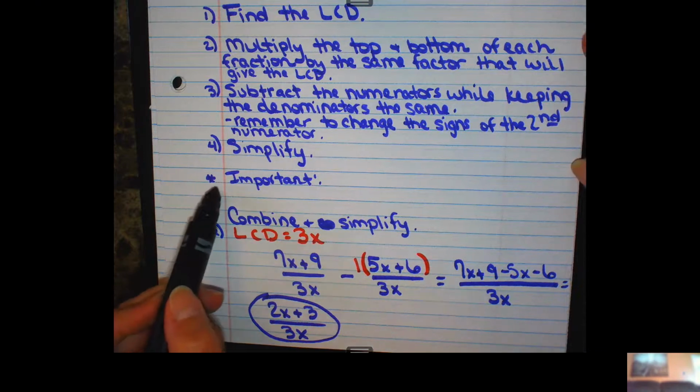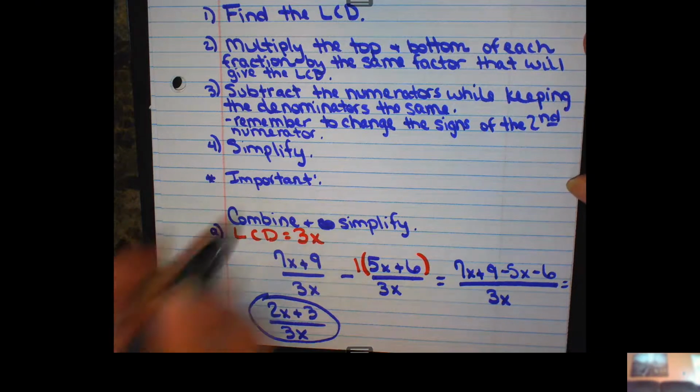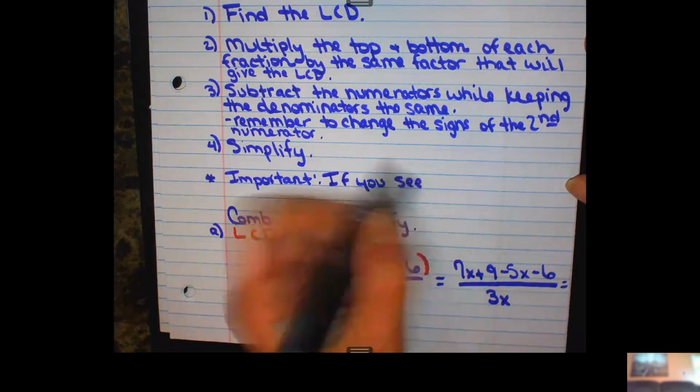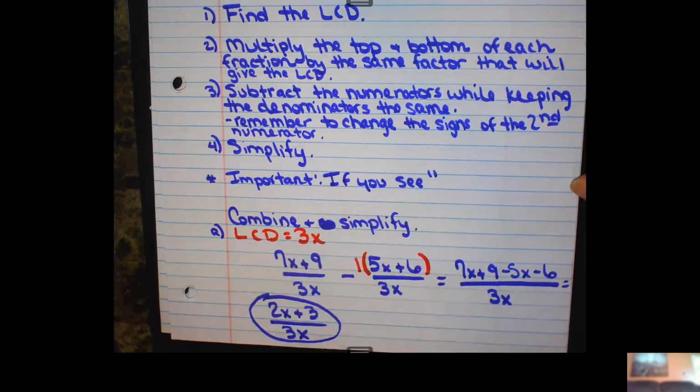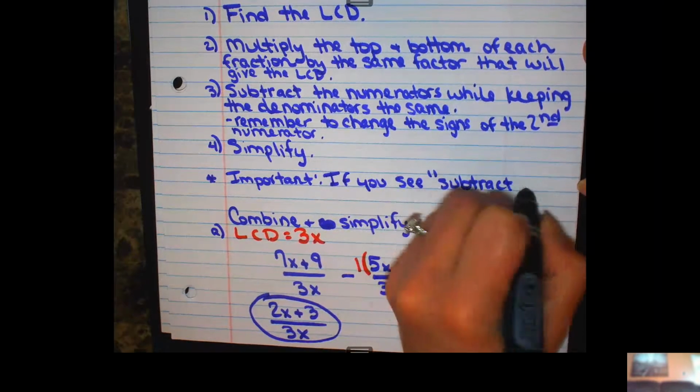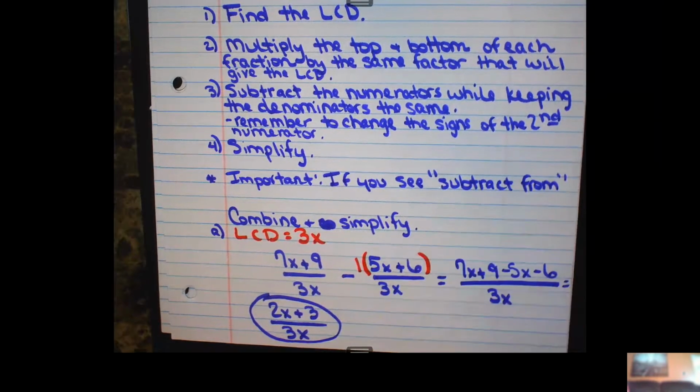I'm going to go back up here where it says important. Can you write, if you see, and put in quotations, "subtract from." So for instance, if I said to you, subtract 5 from 20, what you would really be doing is 20 minus 5.